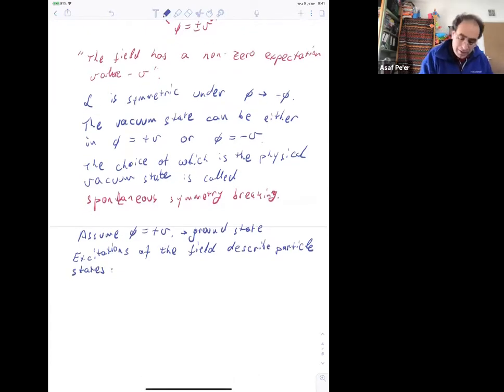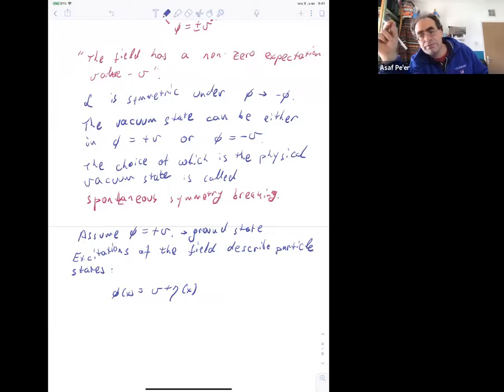We can write it down as phi of x is v, which is fixed, plus another field eta of x. I'm simply shifting now, right?